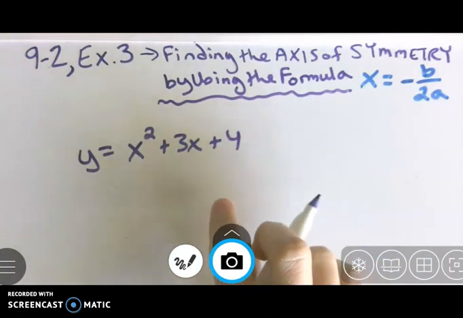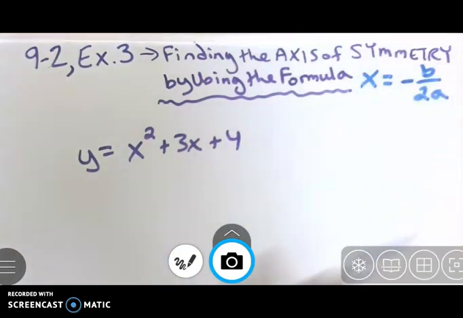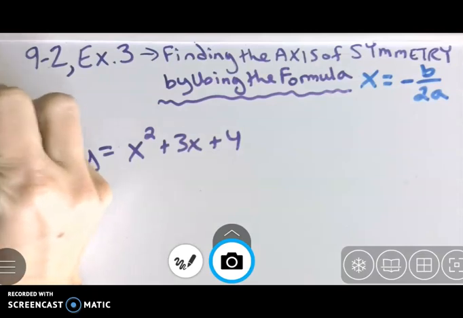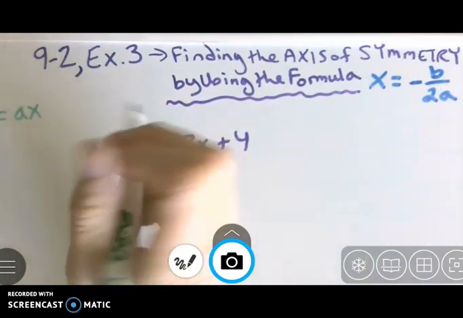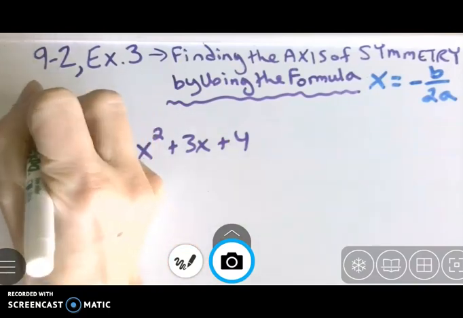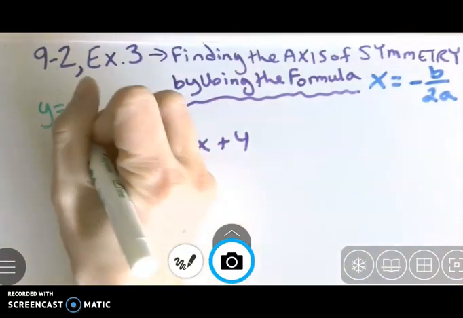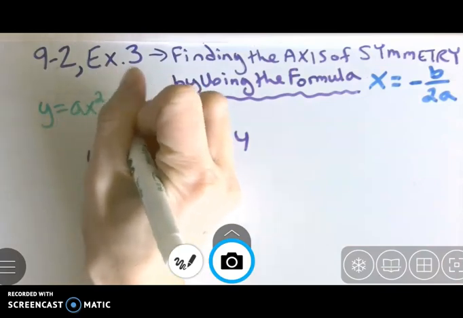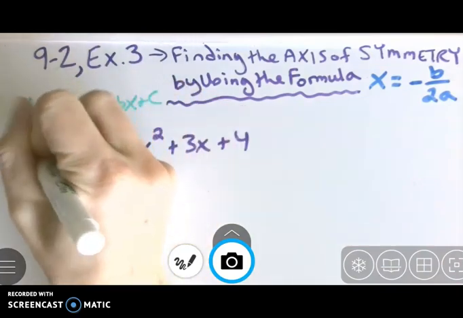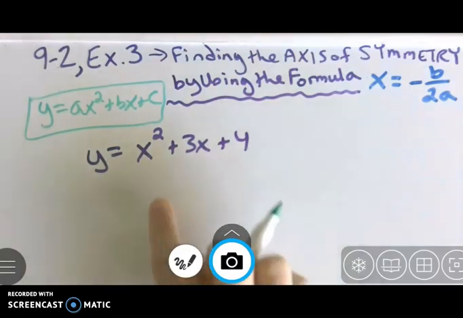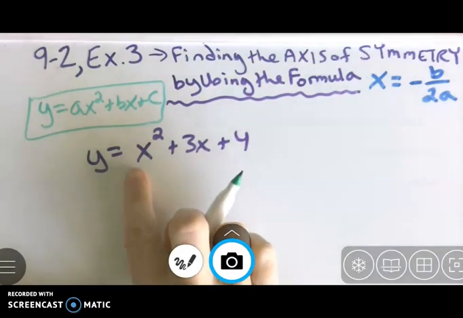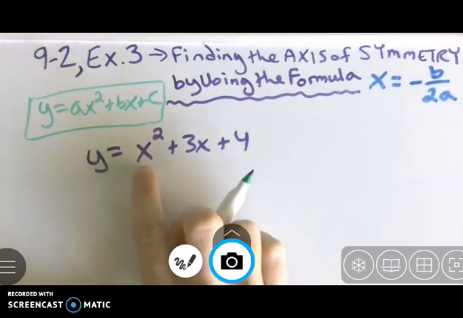Now I need to identify a and b. We said that standard form is y equals ax squared plus bx plus c. So when I look here, what is a? My value for a is my coefficient before x squared.